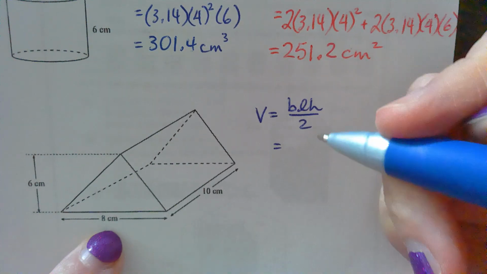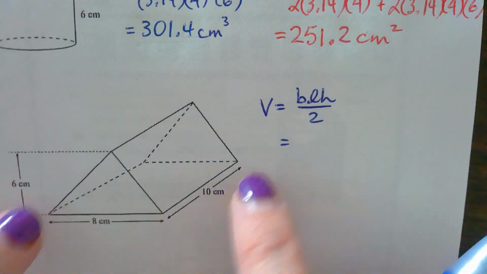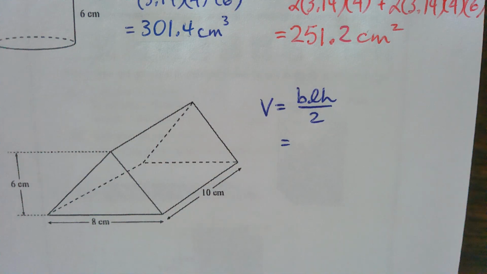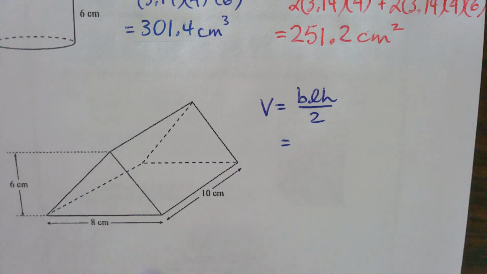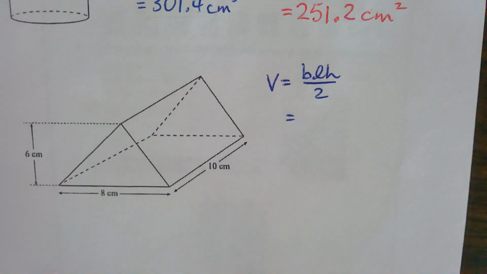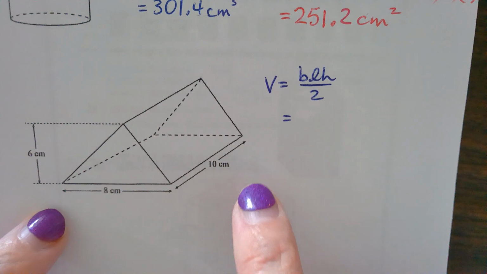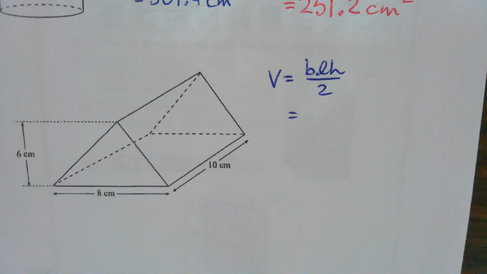When you look at something like this, what shape is repeating? What's your base shape? Some people sometimes have problems with these type of questions, especially if we add a twist to it. So what's your base shape right here? It's a triangular prism, so what's your base shape?